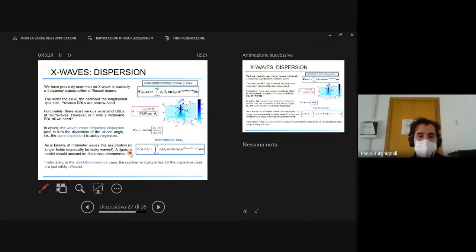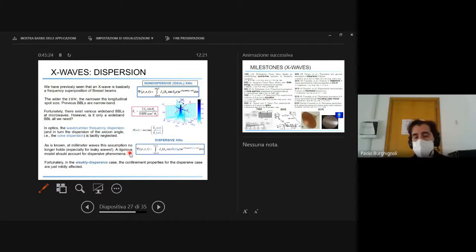However, it can be proven that if this dispersion is not very prominent, and you fall in a so-called weakly dispersive case, you can still have an almost focused X wave that maintains its non-diffractive property along propagation.